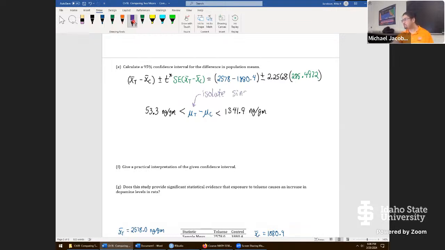Isolate it since it's the treatment. And it makes sense if the study is about toluene being inhaled, we should be talking about that specifically.